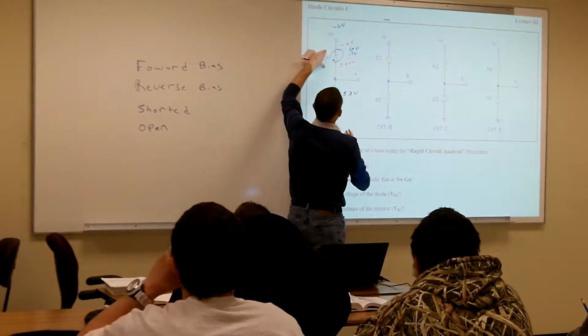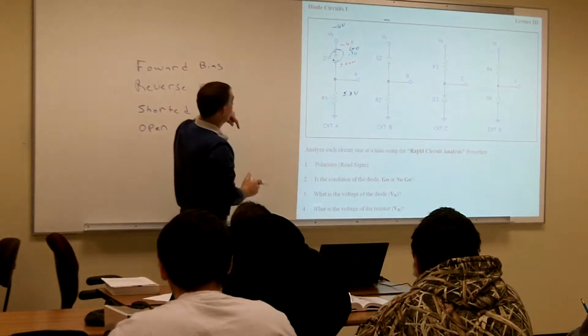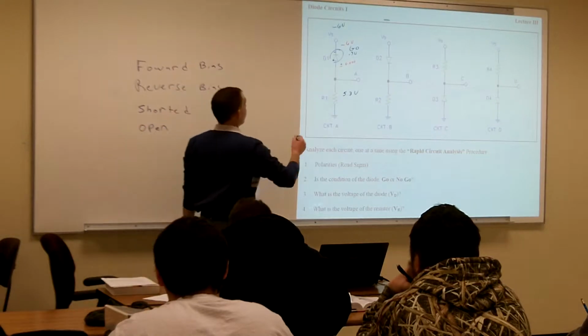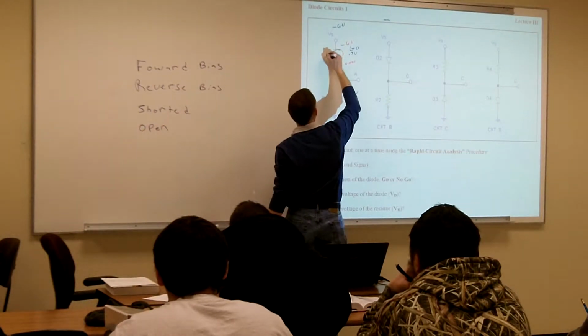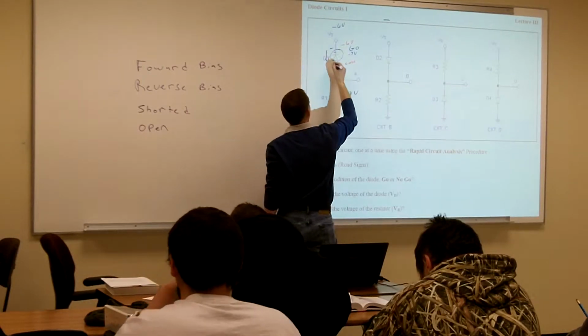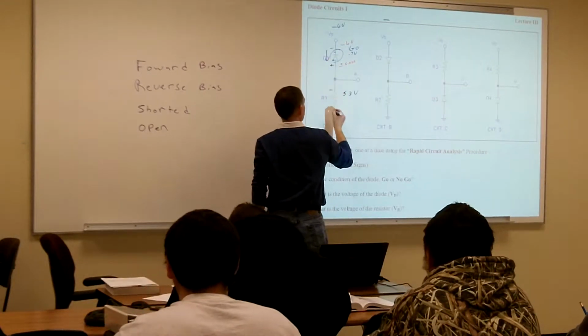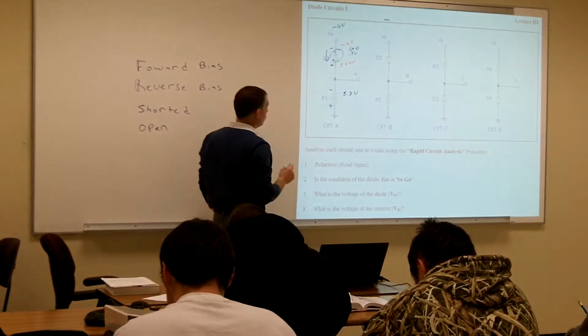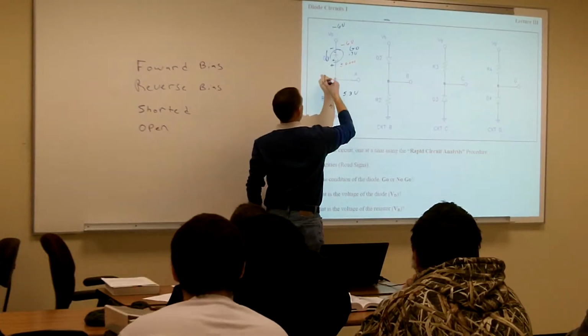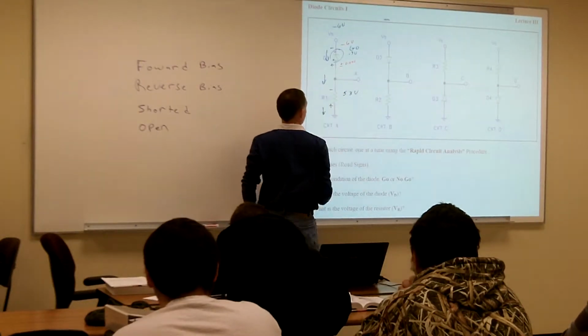Which way is this current going through the diode, south to north or north to south? North to south. Yep, because it's more negative here, going to more positive, so it's going down this way. Our polarities are negative, positive across the diode, and that means negative, positive across R1. So our current is going just like that.